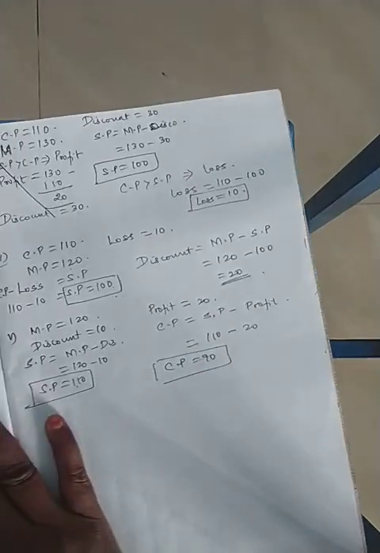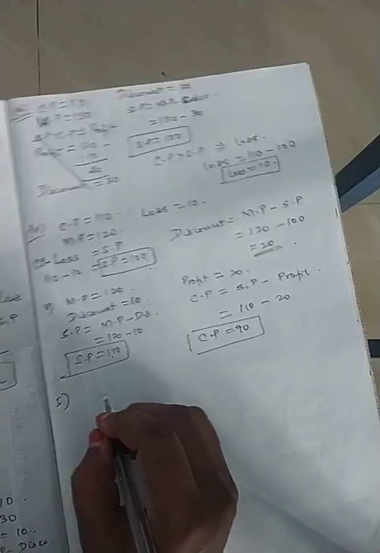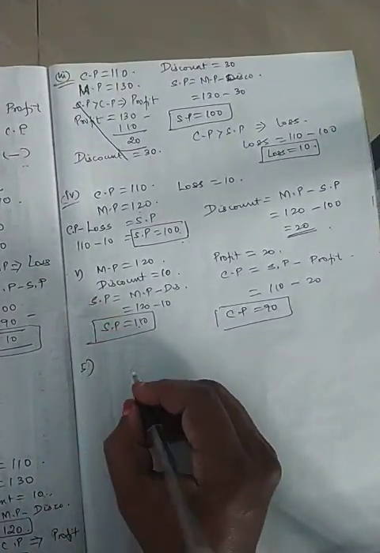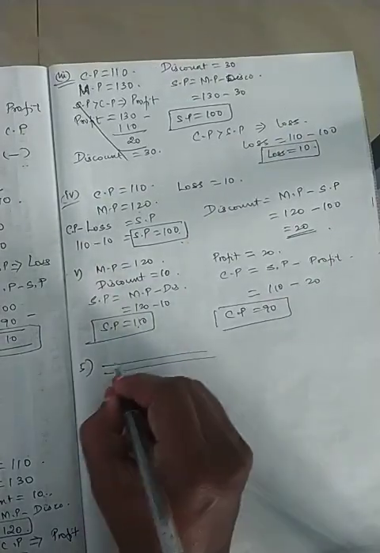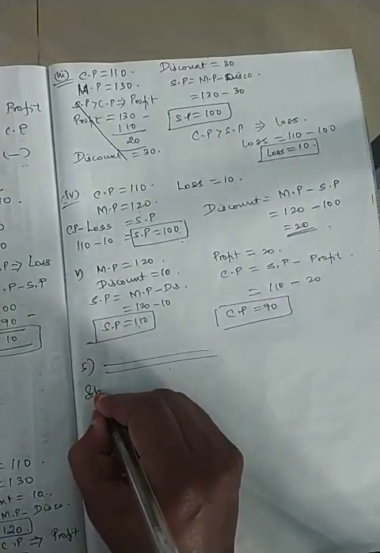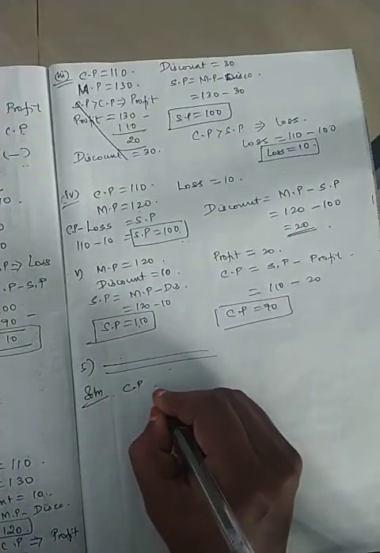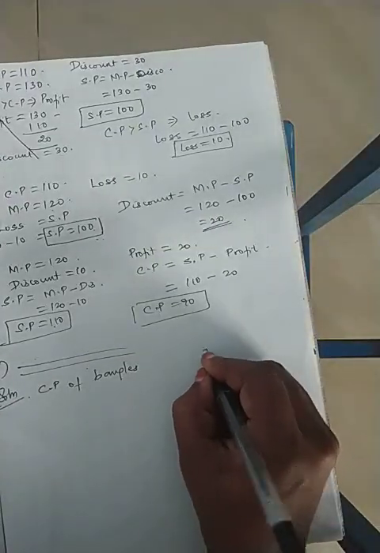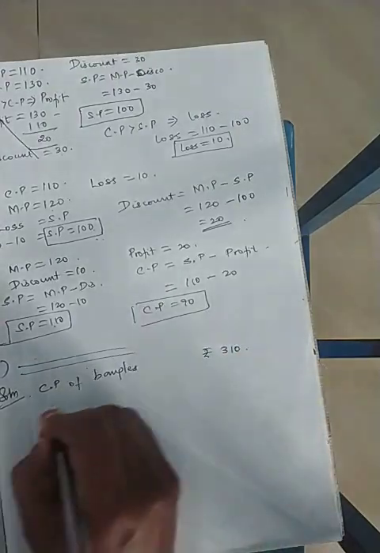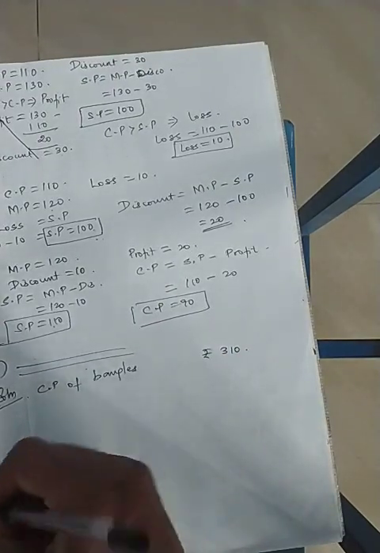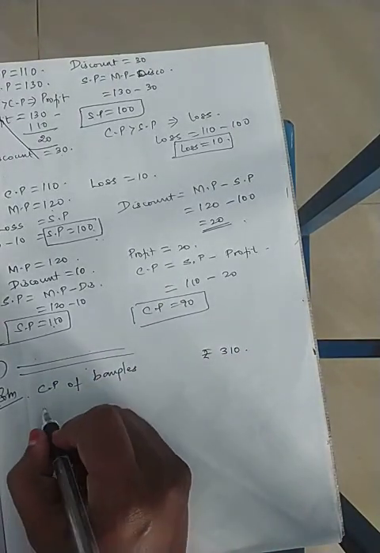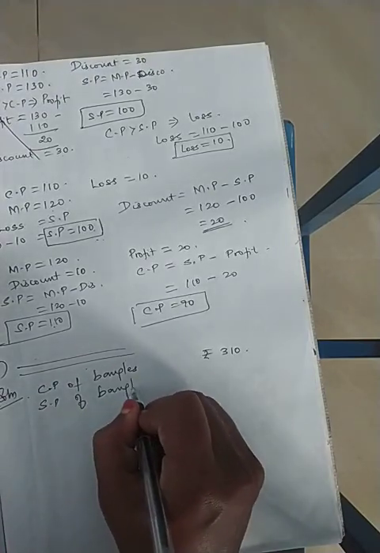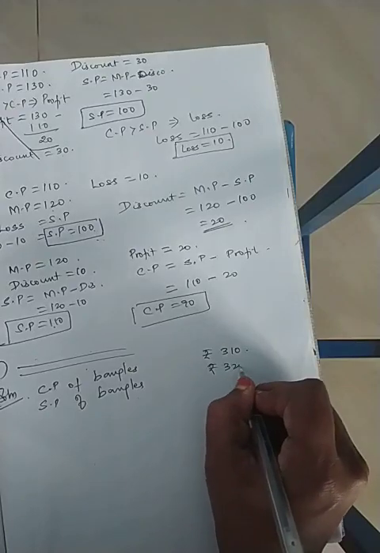Now coming to the fifth question. Rani bought a set of bangles for rupees... Write the problem here. This is the problem statement. You write the solution. So CP of bangles, bought means CP, which is equal to rupees 310. Her neighbor liked it more, so she sold it for 325. So SP of the bangles is rupees 325.